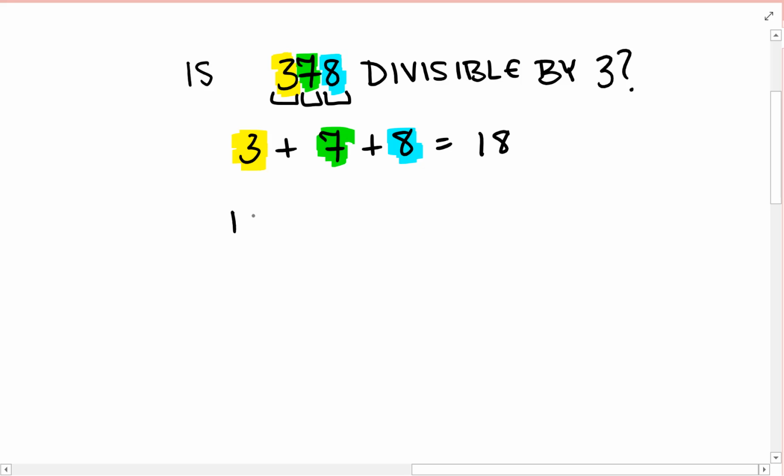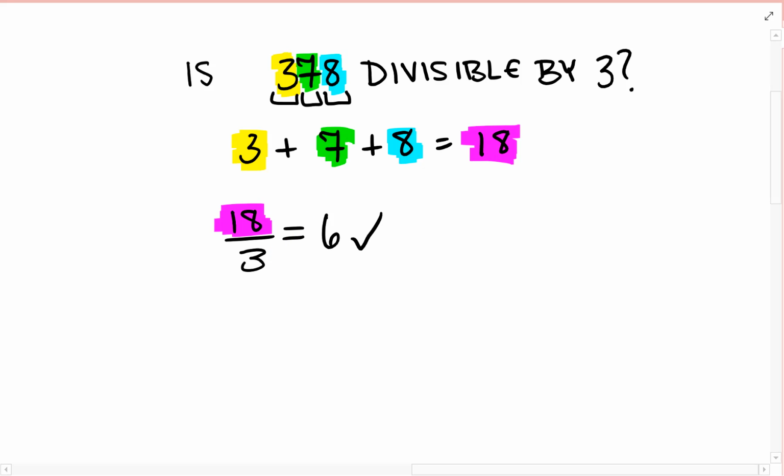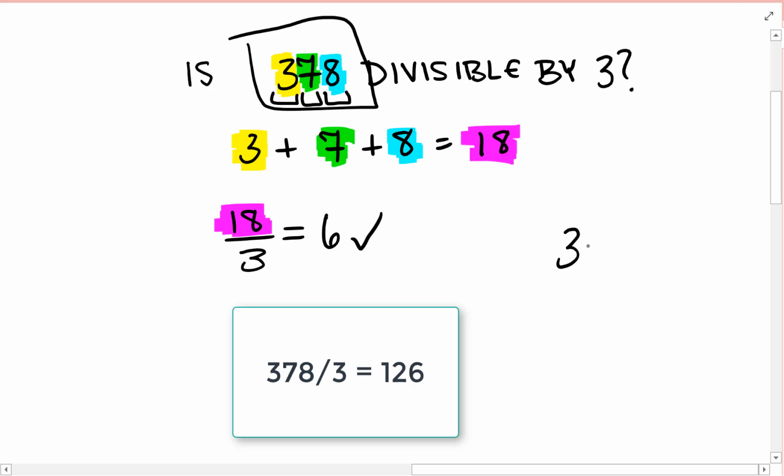Now, is 18 divisible by 3? Yeah, 18 divided by 3 is 6. So if the sum of the digits is divisible by 3, then the number itself, 378, is divisible by 3.